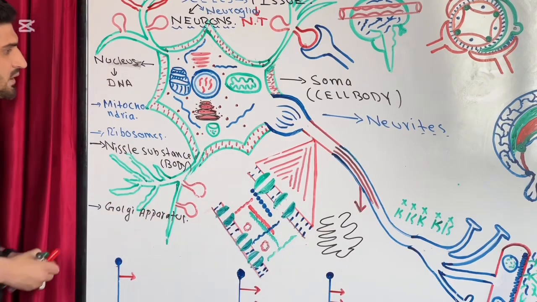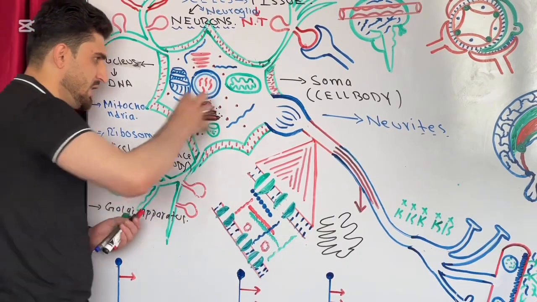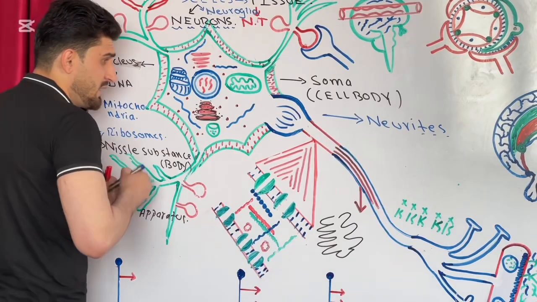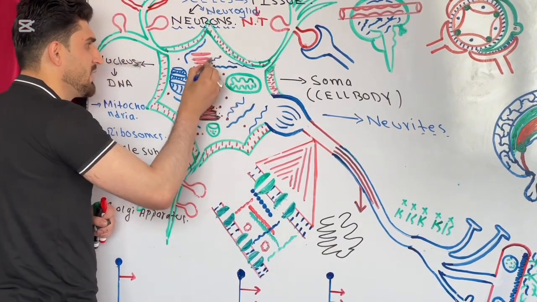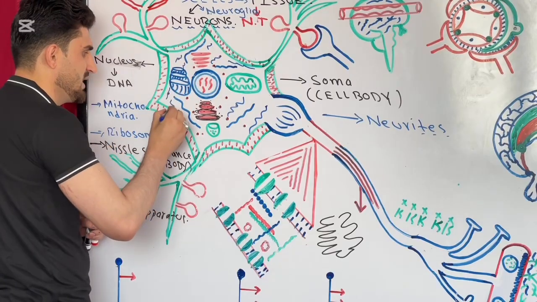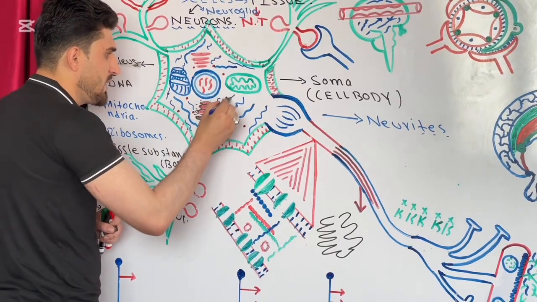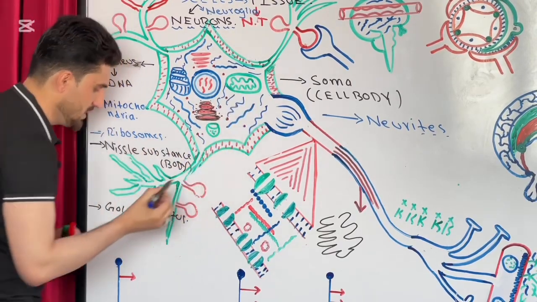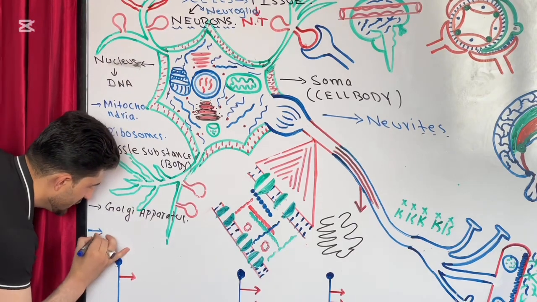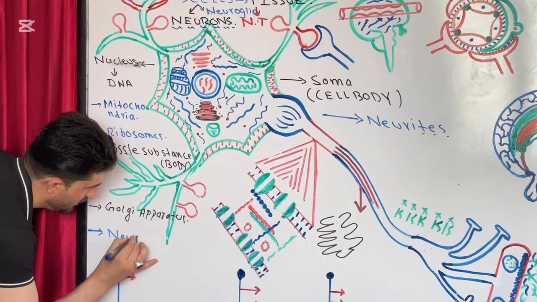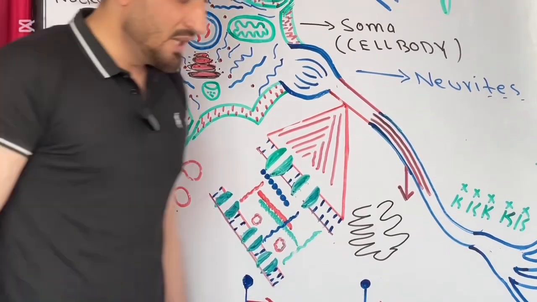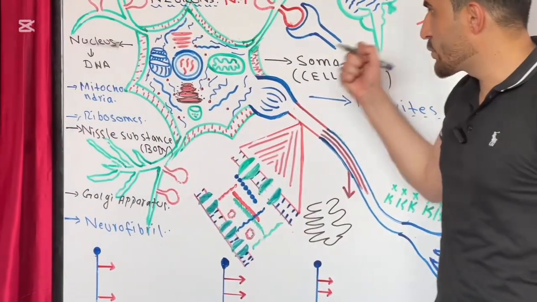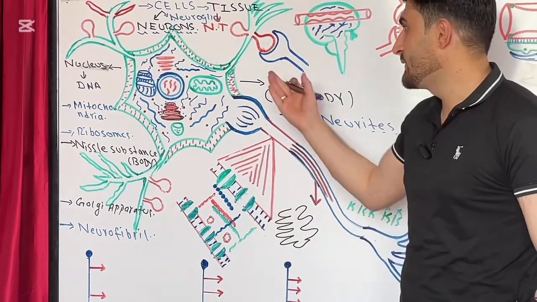Another thing that we have here in neurons are tiny microfilaments, which are actually intermediate filaments. These thin fibers are called neurofibrils, and they give strength to the soma of a neuron.